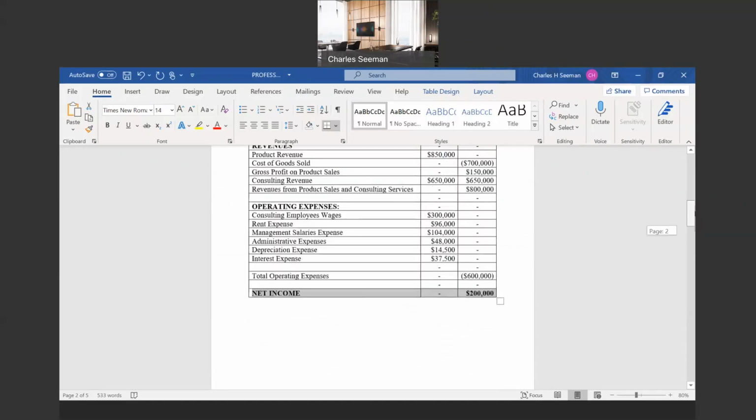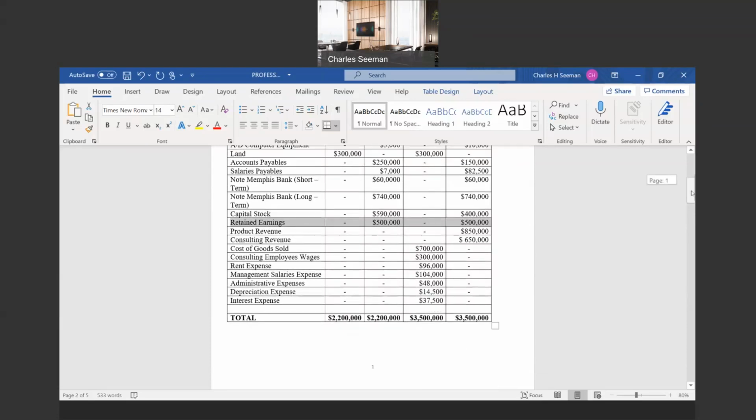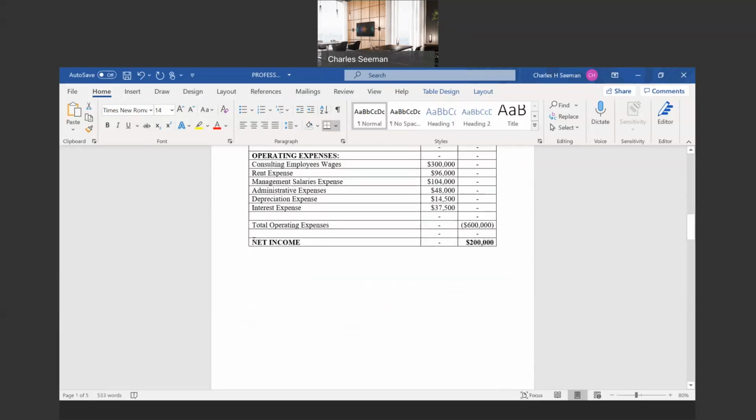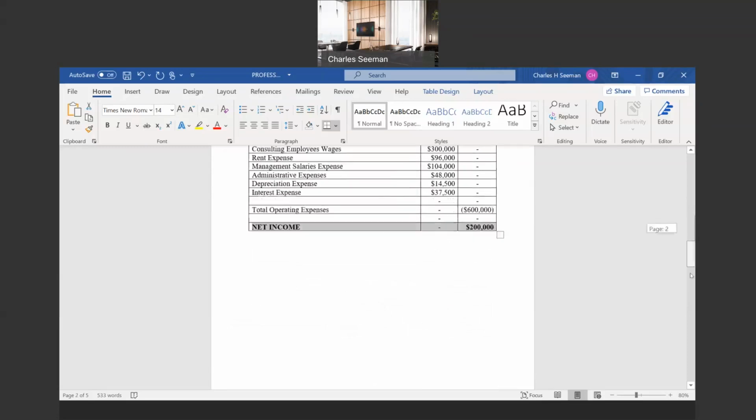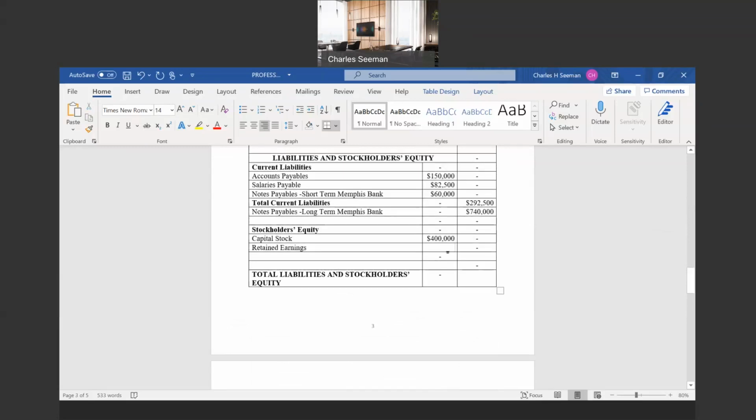So I'll do that again. You take the amount showing on the retained earnings, 500,000, and you add to that number the net income of 200,000. You add those two numbers together and you get 1,100,000.